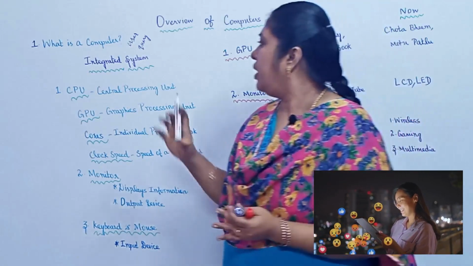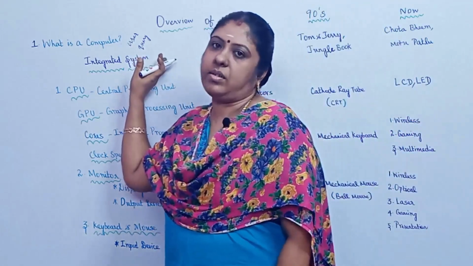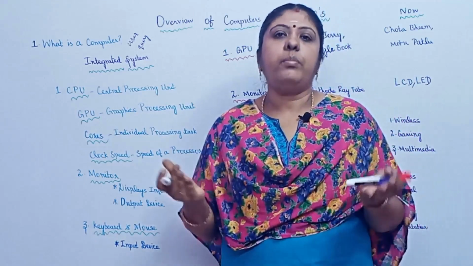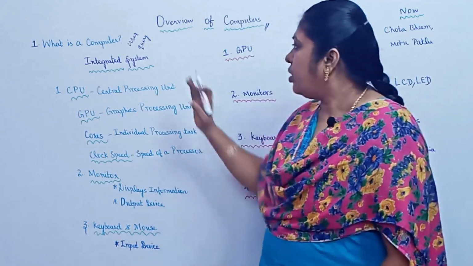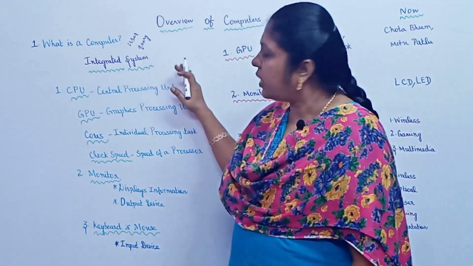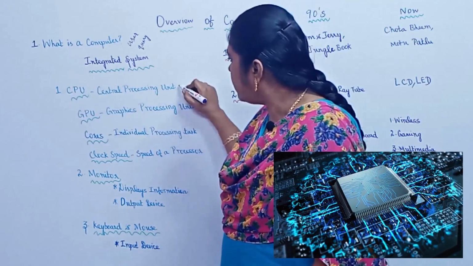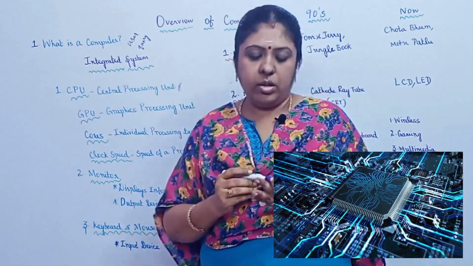Now next, it is an integrated system. That is, it consists of many devices attached or inbuilt within a computer. Those devices, that integrated system, we can represent as a CPU. The first thing is the Central Processing Unit.